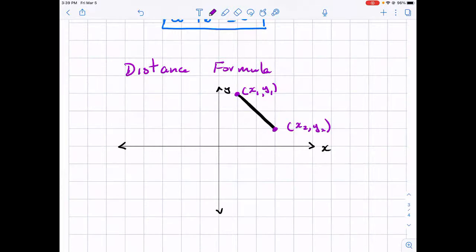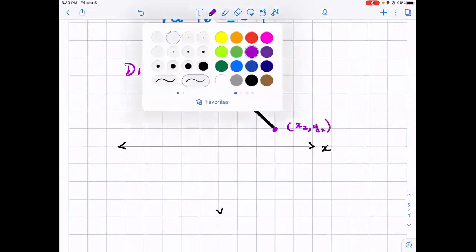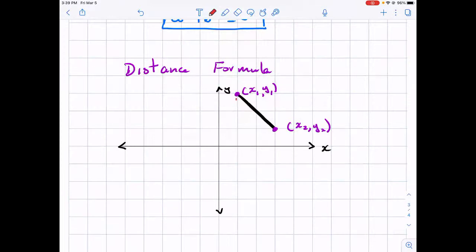Now, we can use the Pythagorean theorem here to help us, because I can create a triangle if I want to, a right angle triangle. This is some right angle triangle.